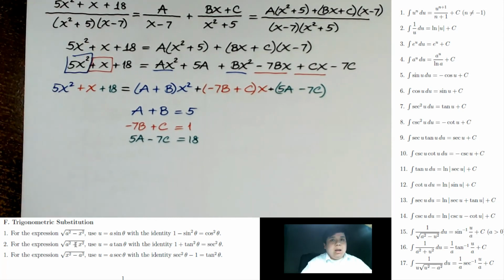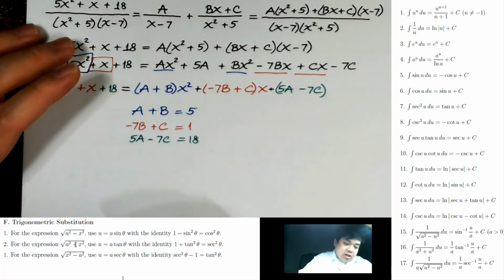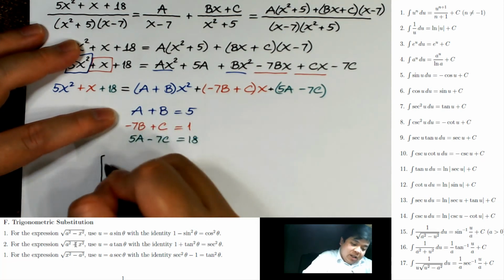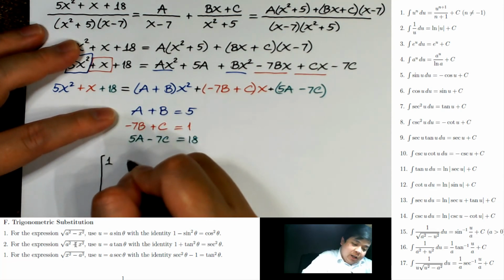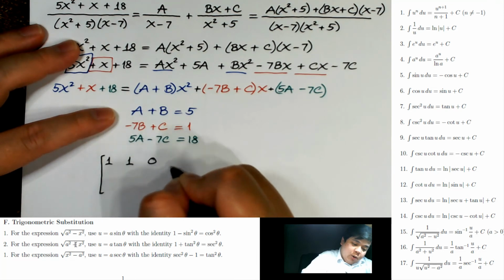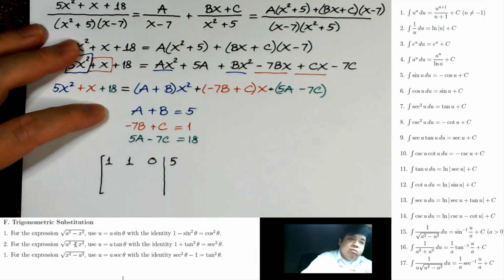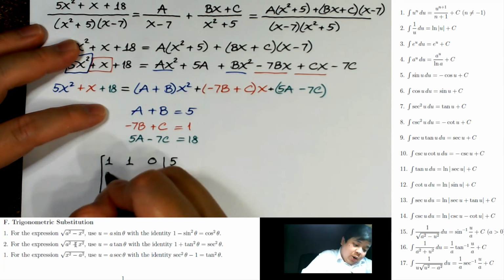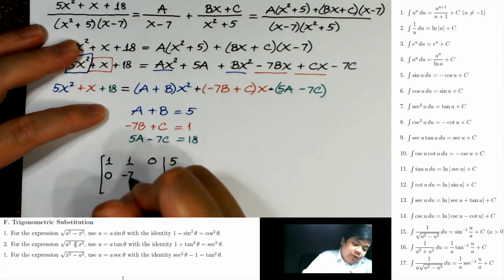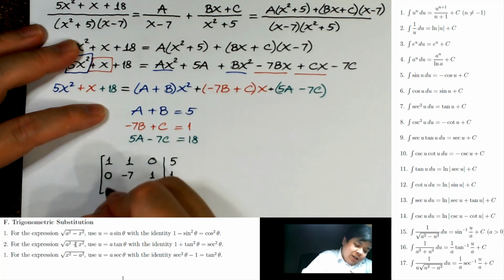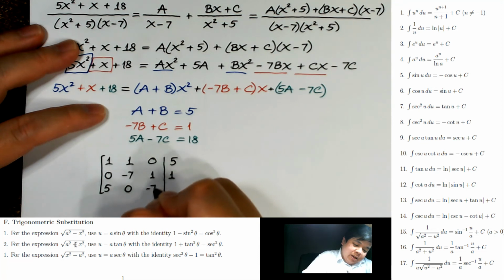For this I use the calculator. I put the coefficients in the matrix: 1 for a, 1 for b, 0 for c because there's no c; 0 for a, negative 7 for b, 1 for c, and 1; 5 for a, 0 for b, negative 7 for c, and 18.